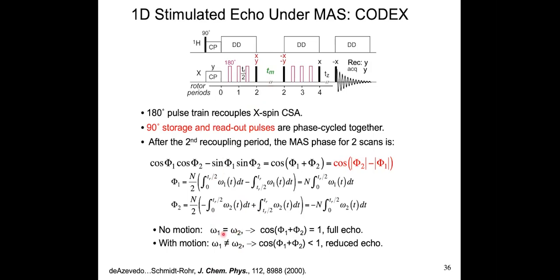If there is slow motion, however, then omega 1 would change from omega 2, or omega 2 would change from omega 1, then the phase would change. Then this cosine of phi 2 minus phi 1 would be a number less than 1. And that means my echo intensity will drop. It's not the full echo, it'll dephase. So this is what we are interested in measuring. You need to do a control experiment to have S0 because you need to control for T1 relaxation.